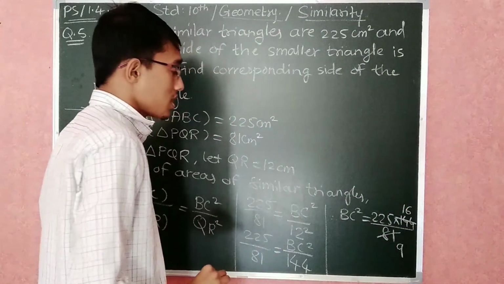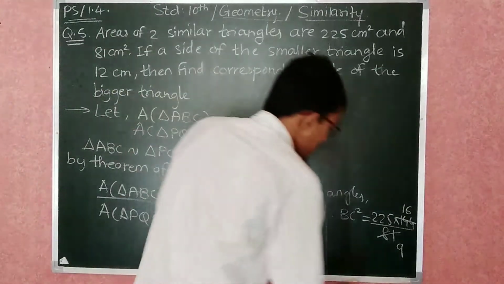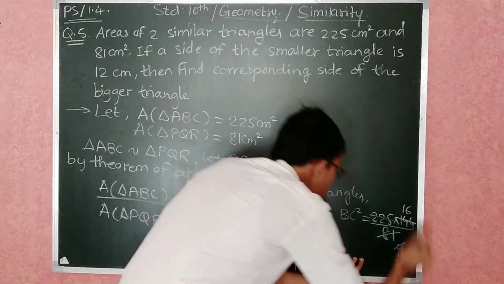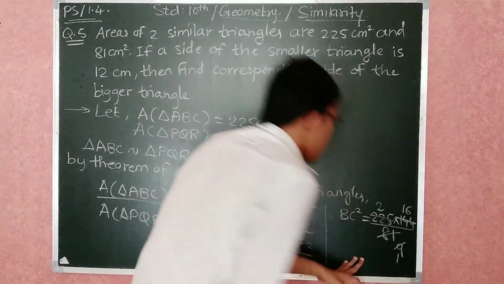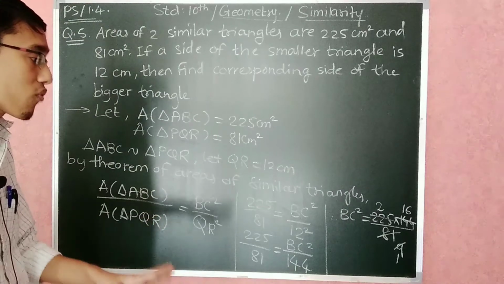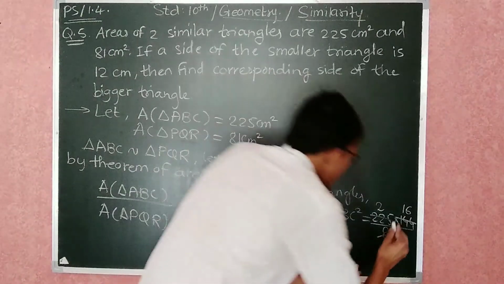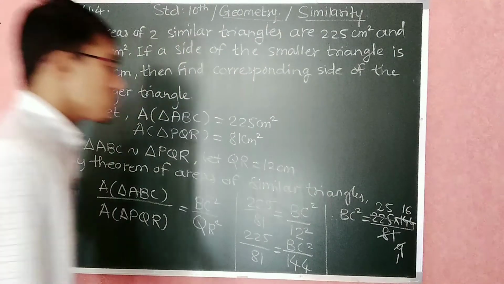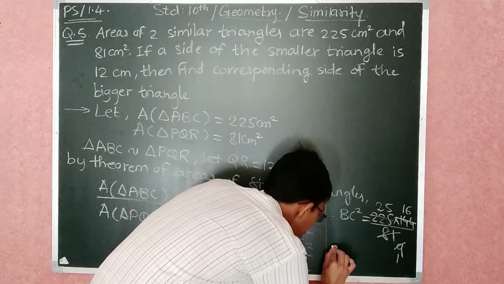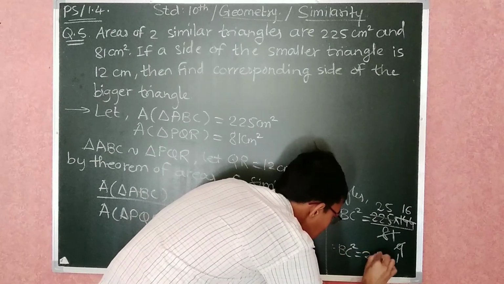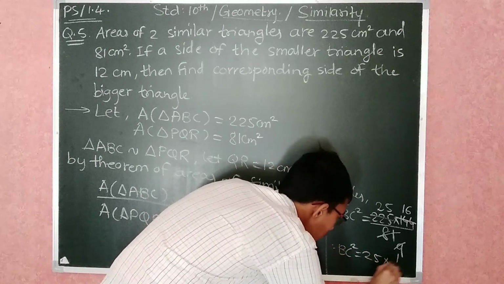We got 16 now. Again 9 ones are 9, 9 twos are 18, 22 minus 18 left 4, 45, 9 fives are 45. We have got 25 into 16. Therefore BC square is equal to 25 into 16.